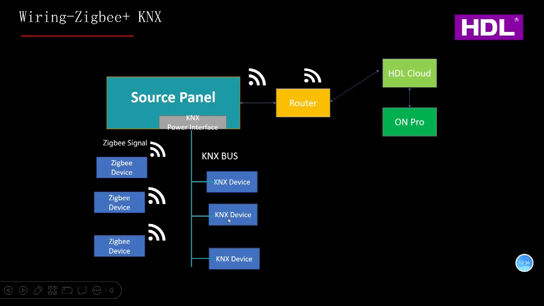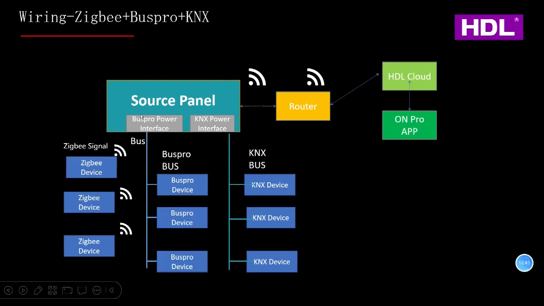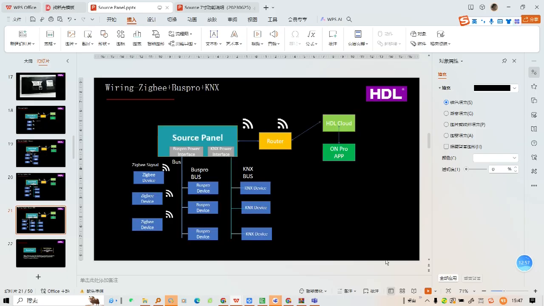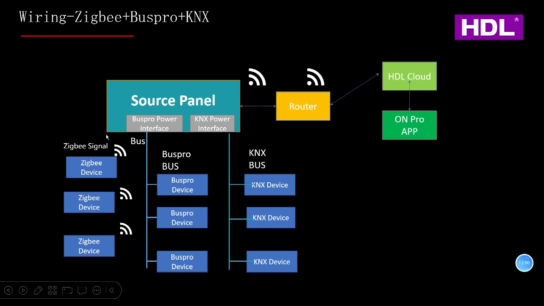So that's how to use it with different protocols. And because you can see here, it supports installing two power interfaces, one here and another here. So if you want the panel to support 3 systems, then you just buy 2 power interfaces. And then this Zigbee system, Bus Pro system, and KNX system can work together.